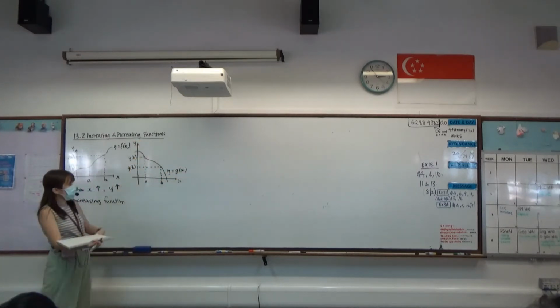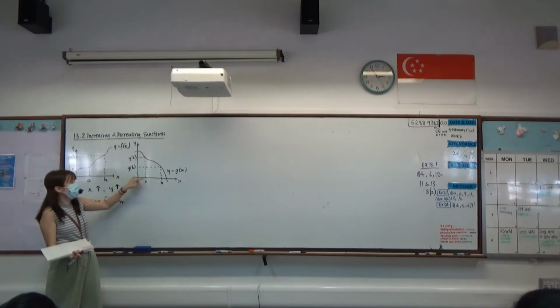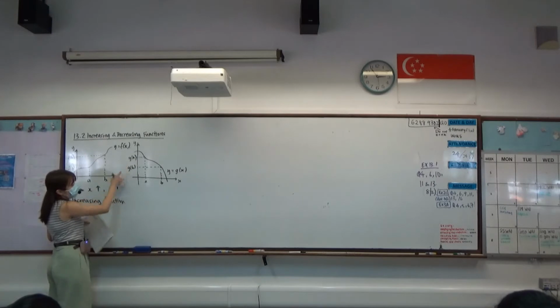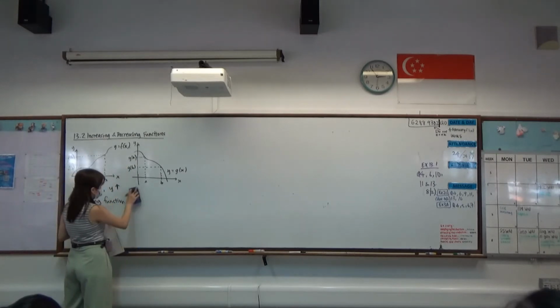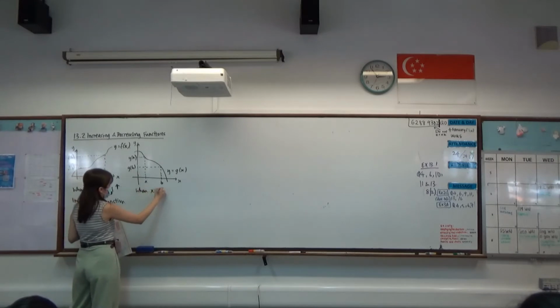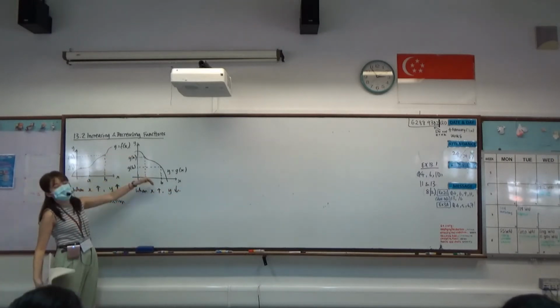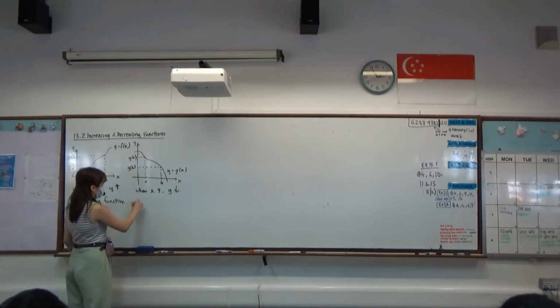We notice that as our x increases, the corresponding y values actually decrease. Progressively you see that there's a drop. That is what we call a decreasing function.